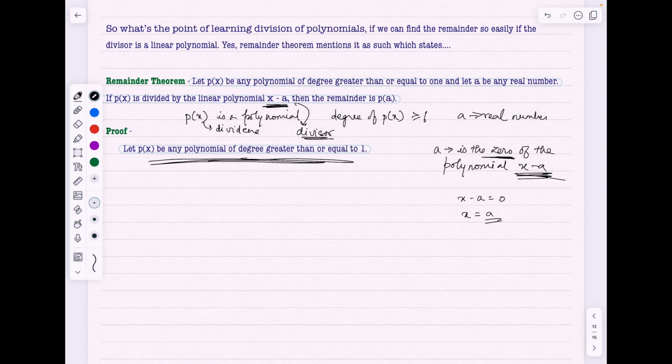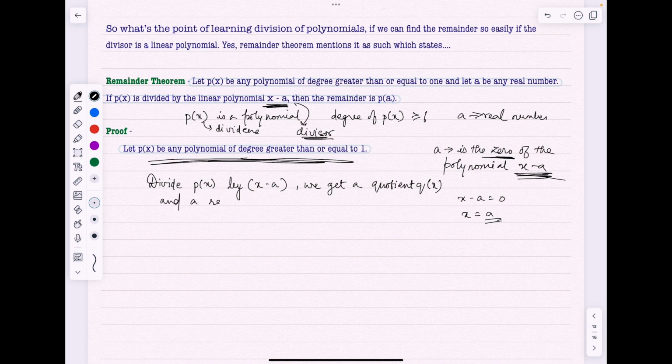Now what we do, divide P(x) by x minus a. You will get a quotient, guaranteed, q(x), and a remainder r(x).